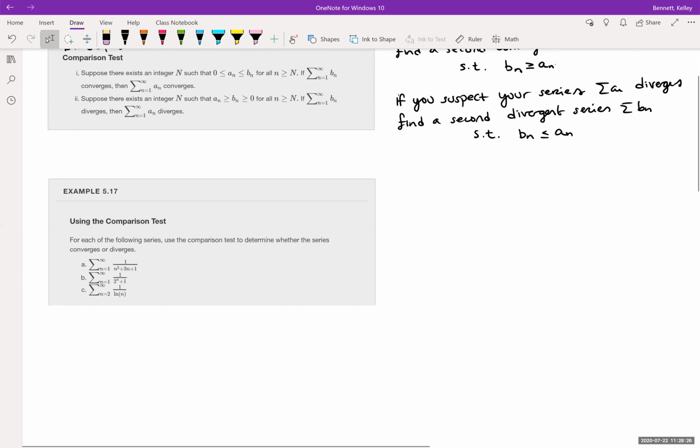The skill in this is kind of determining, one, whether or not you think your series converges or diverges, and two, what to compare it to. So for example A, the idea here when you have polynomials is just look at the lead term.